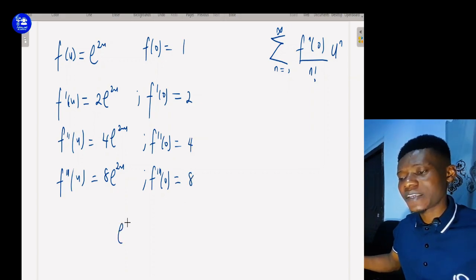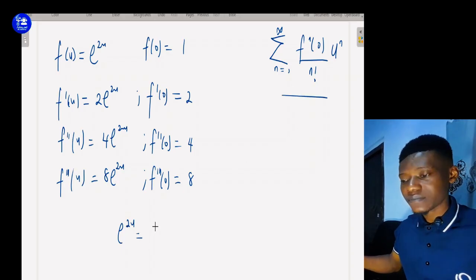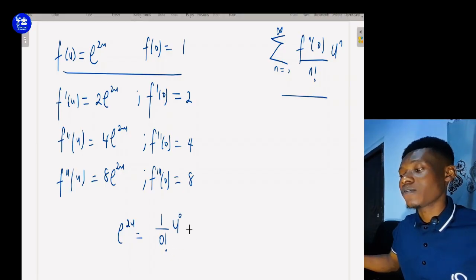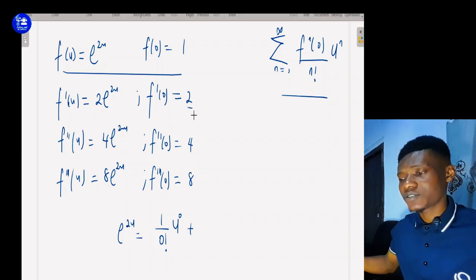So now e raised to power 2u can be expressed as, using this now, that is 1. We are dealing with the first one now. 1 over 0 factorial, that is when n is 0, times u to the power of 0, plus, now f prime of 0 is 2.